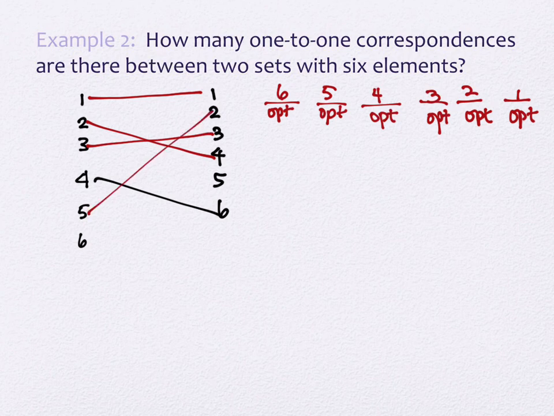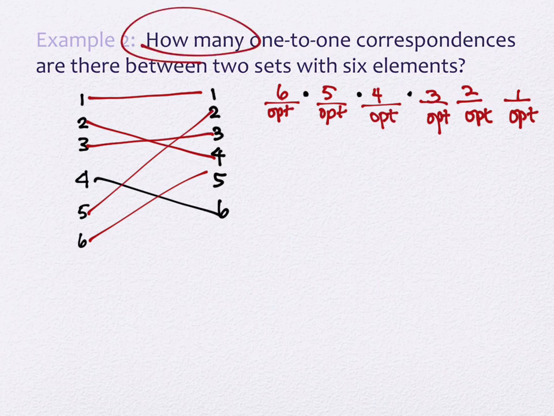Okay, so we have some sort of pairing going on. Random, it doesn't really matter. But there's these numbers of options they have based on how many people are already paired up. Agreed? Now, the way that we figure out the total number, or how many of these there are, is that we multiply the ways that each of these had options to be paired.